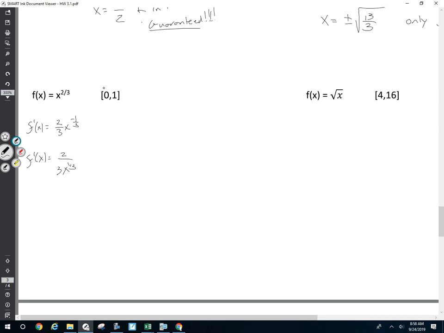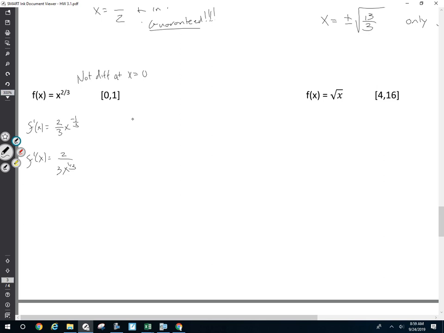So we are not differentiable everywhere in this interval. We are not differentiable at x equals 0. We'll find that we have a vertical tangent at x equals 0, because 2 over 0 is approaching infinity, so vertical tangent. It should not matter though, because we're talking about inside this interval. So we should be able to still find a value.